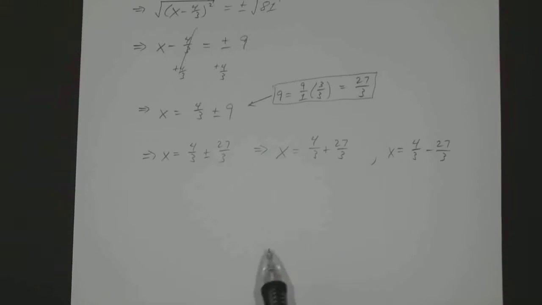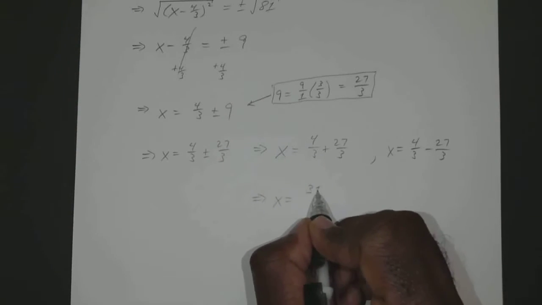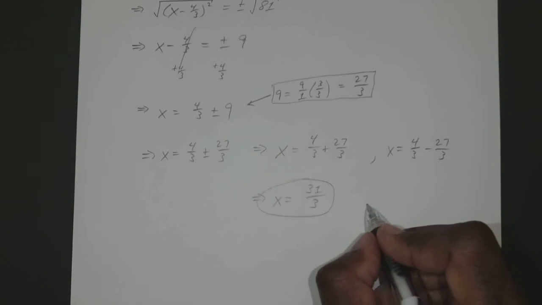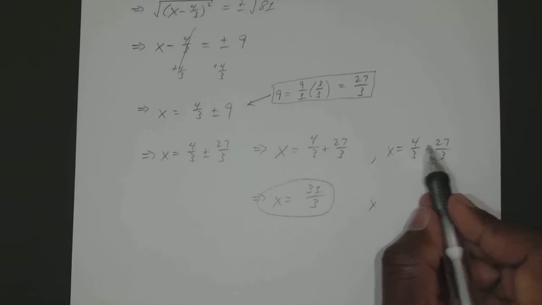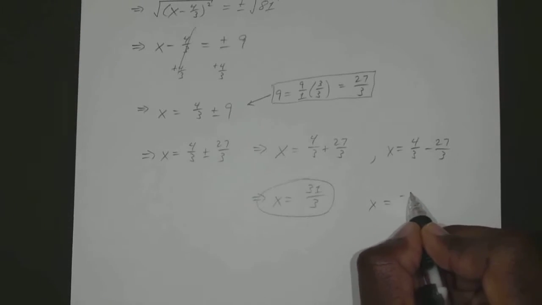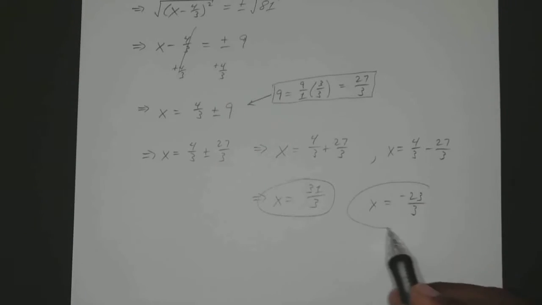Okay. So if we add these two, x equals 31 over 3, which can't be simplified anymore, so that's good there. And for this one, 4 minus 27 is negative 23 over 3, which can be simplified also, so those are your two answers. All right, any questions on either one of those?